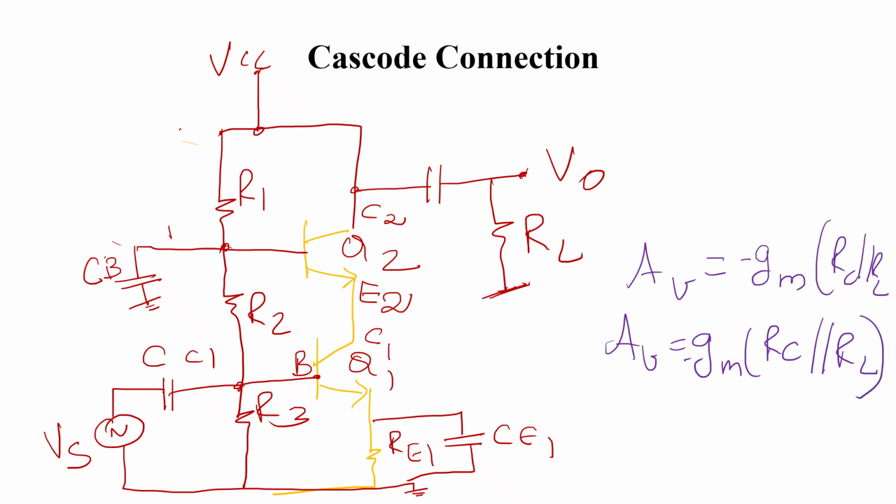Yes, so this is the Rc parallel to RL, the equivalent value of this is taken, and the Gm is the transconductance. Thus, this gives the voltage gain of the cascade kind of connection. There are other ways of going in for multi-stage amplification configurations also.